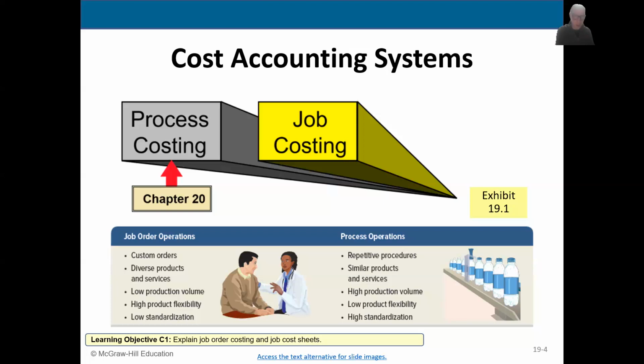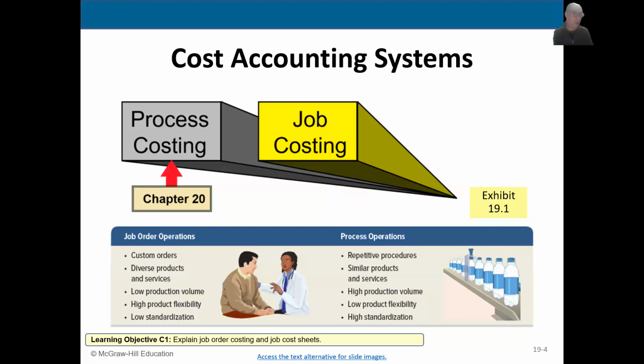It's a high production volume, meaning they produce a whole lot of them. There's very low flexibility with the product. In other words, it's the same ounces, the same label, the same cap. Very low flexibility, and it's highly standardized. They try to make sure that each product is the same.